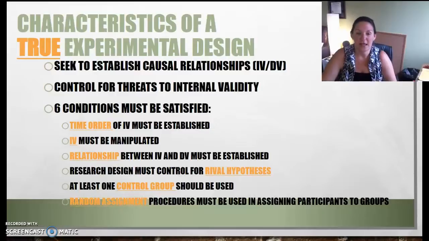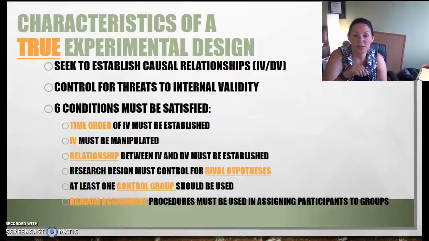And in addition to that, for something to be considered true experimental design, 6 conditions must be satisfied. And so on this slide, you'll see the 6 conditions for true experimental design. Time order, manipulation of the independent variable, relationship, so correlation has to be established.